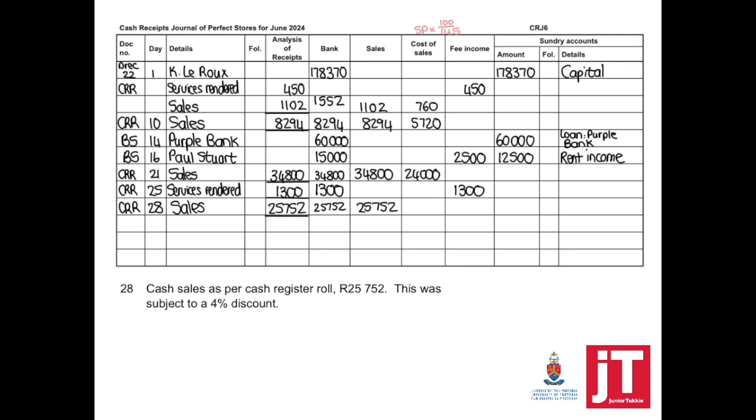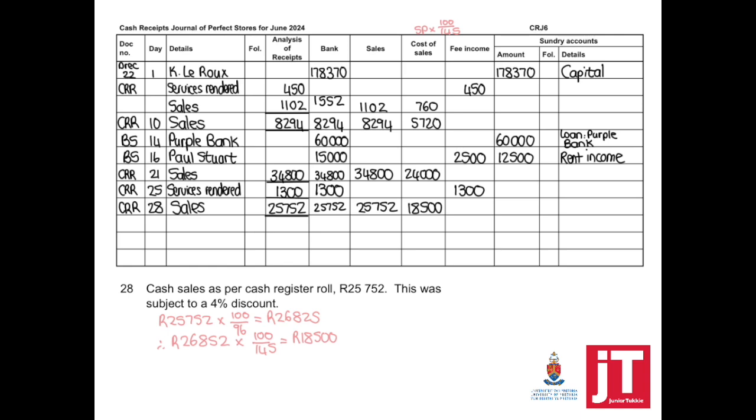The difficult part is calculating the cost. Please remember, to calculate the cost, we always have to calculate it on the original selling price before the discount. This means we first need to take the selling price after the discount times 100 divided by 96 to get what was the selling price before the discount. And then we can use the markup percentage to calculate the cost. So this is what makes it a bit more challenging.